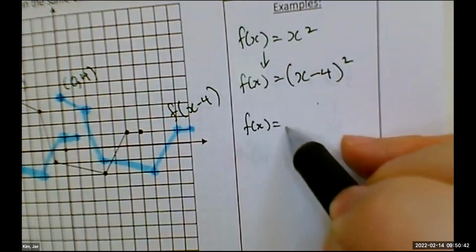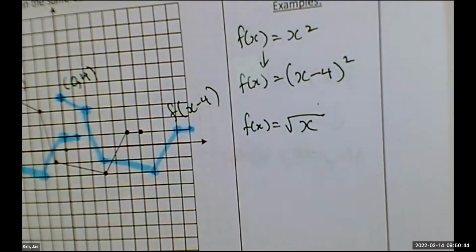If f of x was that weird square root of x that I showed before, shifting it to the right would look like this.